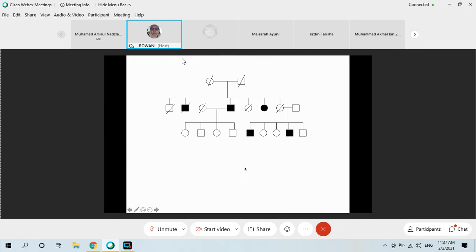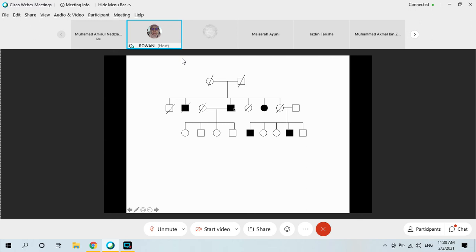Okay, and what about this? Okay, I think this is just to highlight the variation that you will see in this mode of inheritance. What you see here is that male and female are affected.